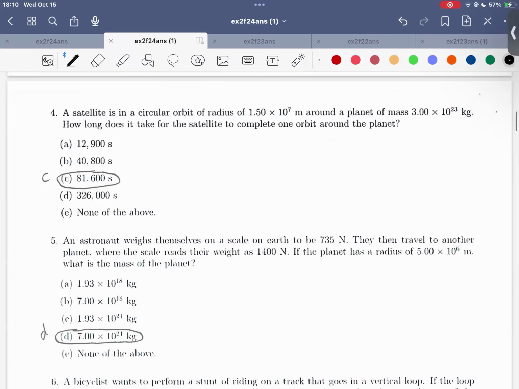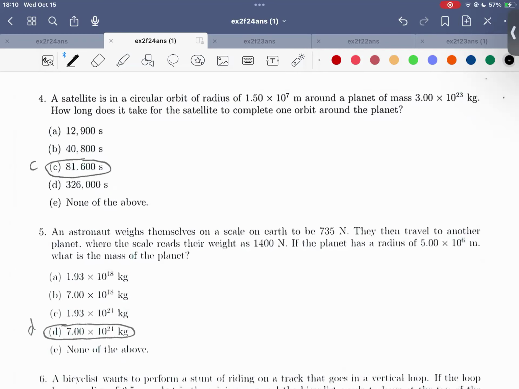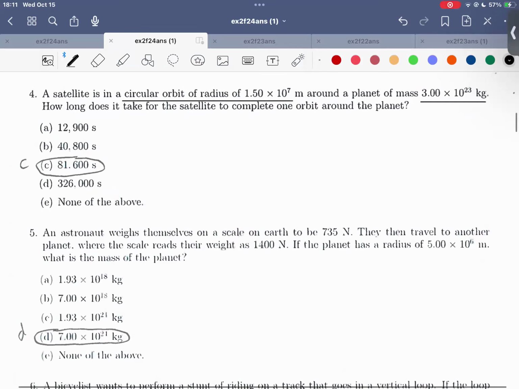This is another satellite question. So we're given a circular orbit of radius 1.50 times 10 to the 7th, and we're also given this mass. And so we're asked, how long does it take for the satellite to complete one orbit around the planet? And so this formula that we use, because we're tasked with finding this time, we're going to use this formula, T equals 2 pi r over velocity.